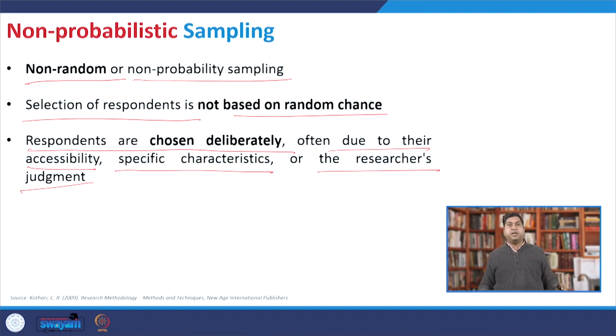So it is not random. I know that they are good respondents, so I select them. For such cases it will be non-probabilistic. There is no probability of who will be selected and who will not be. It is just that I know this person would be the best one to be picked up, and I select them.